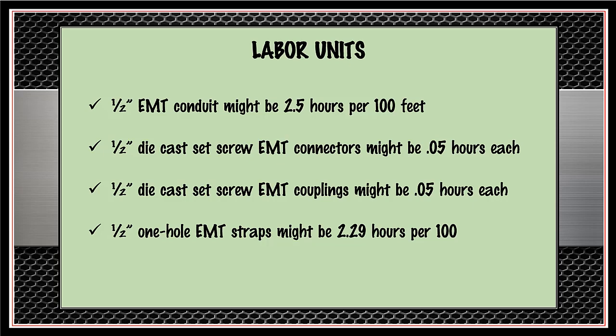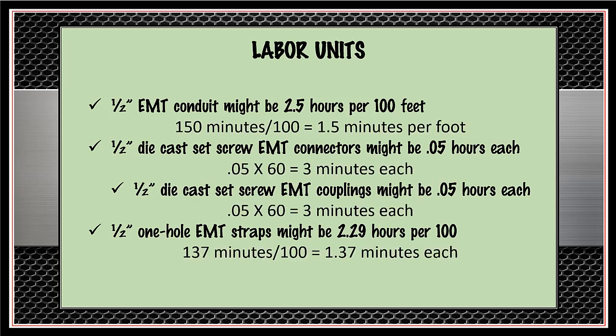It would do little good to use the same labor time frame for every project if your crews were not able to install material at the estimated rate. You need to think of labor units as a benchmark that can be adjusted up or down to match your actual project requirements and crew ability.